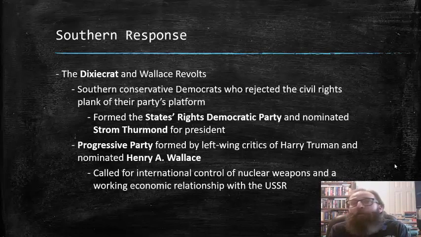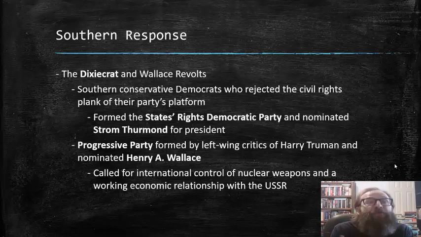And this led to the formation of a sort of alternative Democratic Party called the Dixiecrats. These were Southern conservative Democrats who rejected that civil rights plank of their party's platform, and they formed the States' Rights Democratic Party. The nickname for them was the Dixiecrats, and they nominated Strom Thurmond for president in 1948.